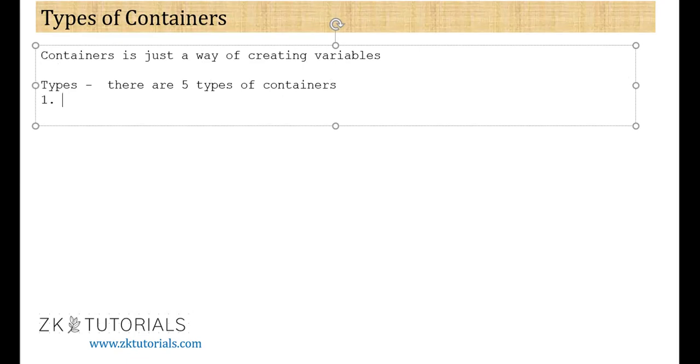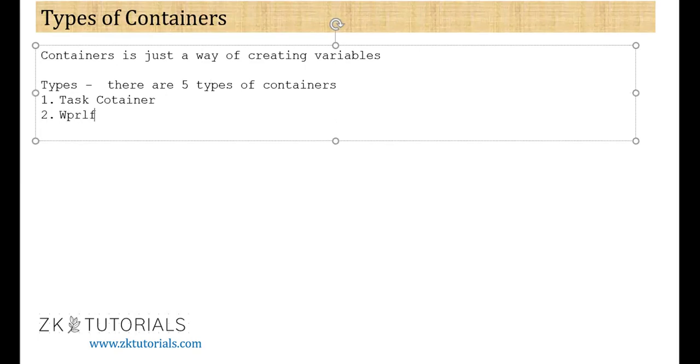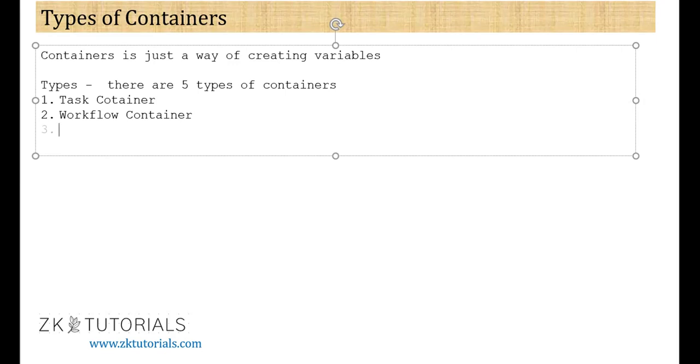The first type is the task container. Second is the workflow container. My third type is the method container.